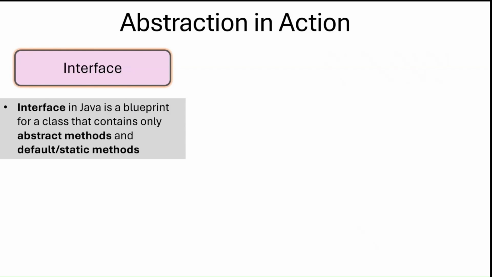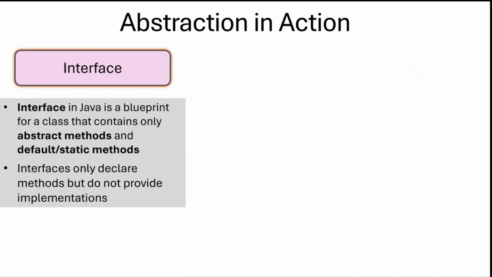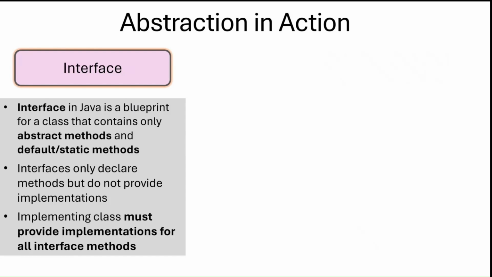When we say abstract methods, it means it is just defining the methods, and the class that is implementing that interface needs to provide the implementation, right? The interface acts as a contract, or just a template with the method definitions and no implementation.